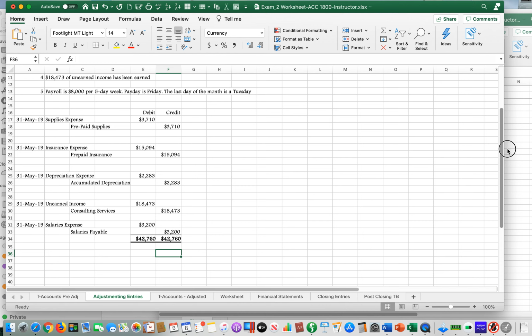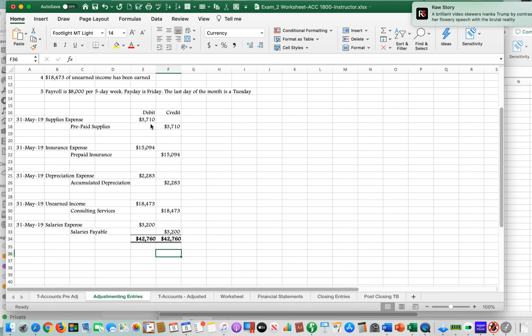Okay? Now we're going to post these numbers to the same T accounts. So, you see here, we're going to take supplies expense, and again, some of you make this mistake, but folks, if it's a debit in the journal, it's going to be a debit in the T account. Actually, the journal entry, I would argue, is the most difficult part because you got to get it right.